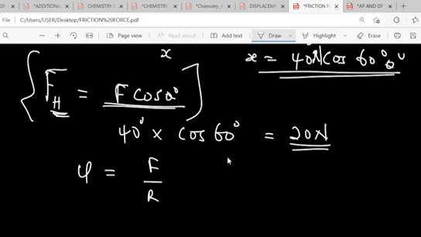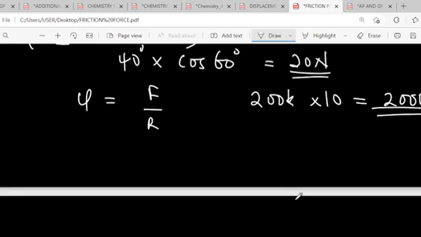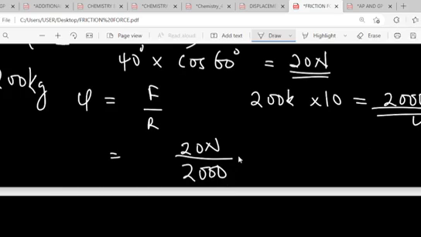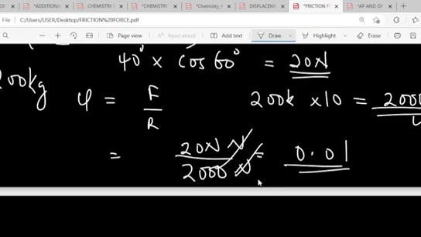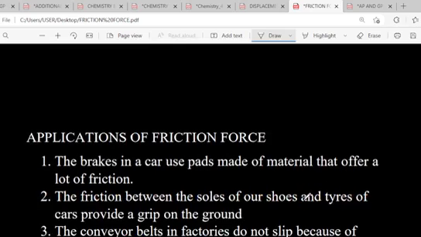Normal weight R. With 200 kilograms, we multiply by 10 to get 2000 newtons. So our F is 20, the horizontal force, over 2000. So our value is going to be 0.01, just 0.01. The newtons cancel out. In other words, the kinetic coefficient of friction does not have units. So I think you have understood that.